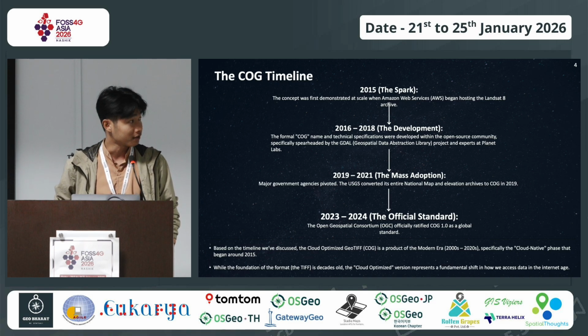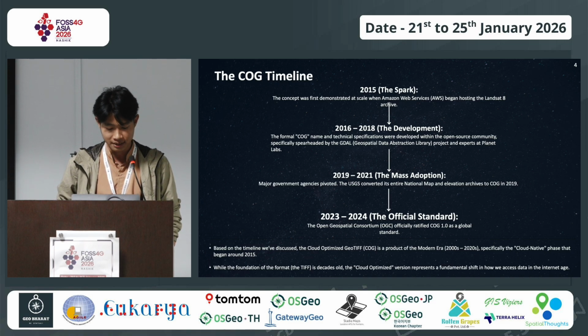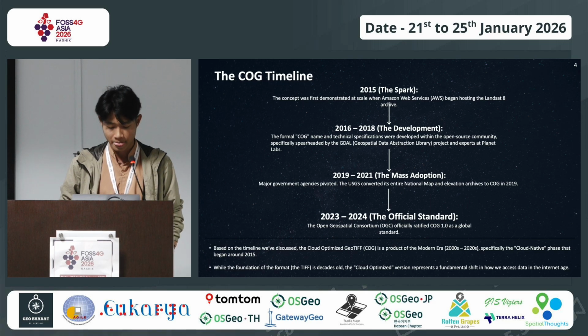The next phase is from 2019 to 2021. Major government agencies pivoted. The USGS converted its entire National Map and elevation archive to COG in 2019.